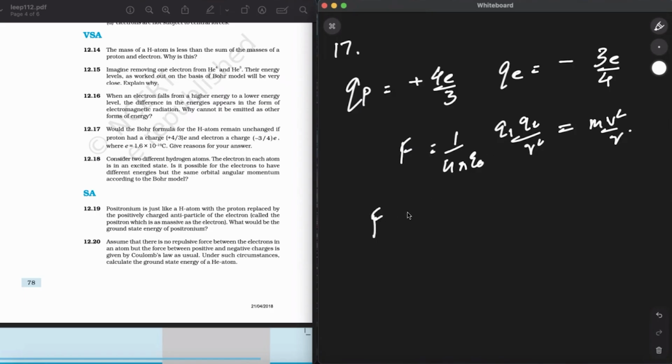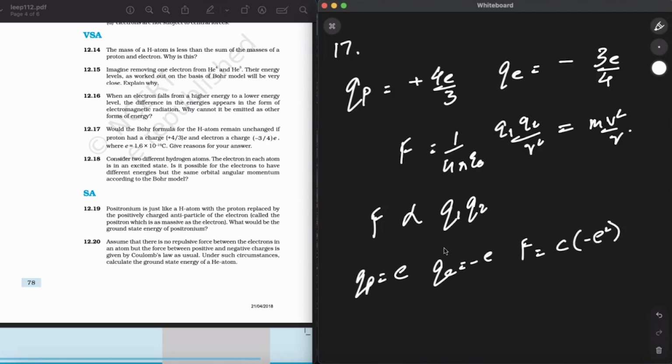Since F is directly proportional to the product of Q1 and Q2, if the proton has a charge e and the electron has a charge of minus e, then the force will be some constant C times minus e square. In the case given to us, Q proton is plus 4e by 3 and Q electron is minus 3e by 4.